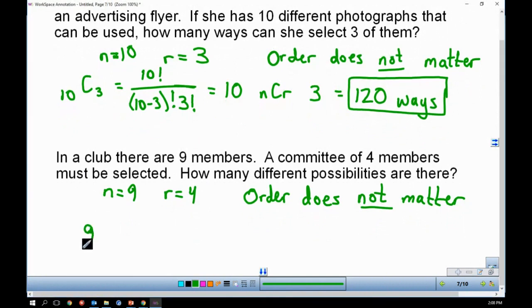We have 9. The way you actually would read this, it's not 9C4, you'd say 9 choose 4. So if you wanted to read it mathematically correct, you'd read that 9 choose 4.